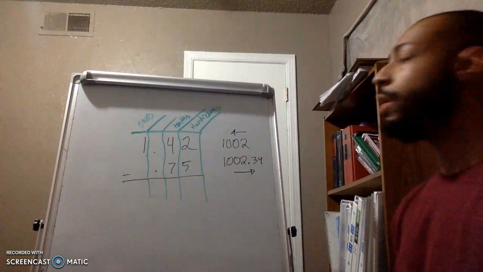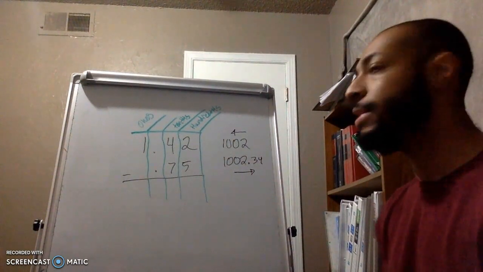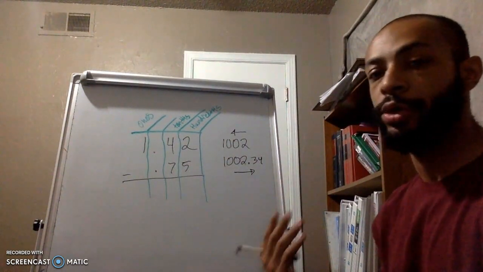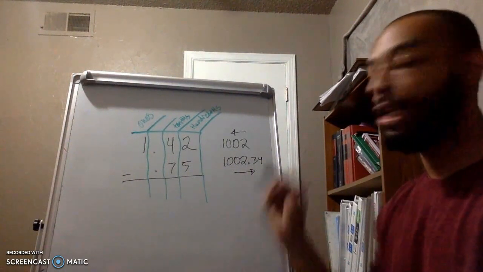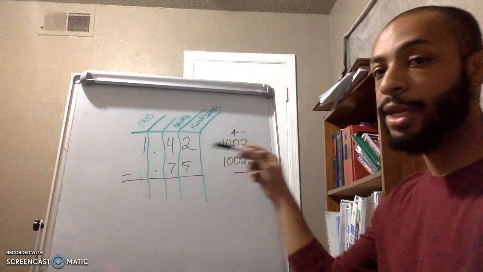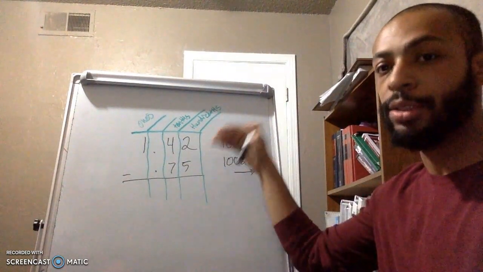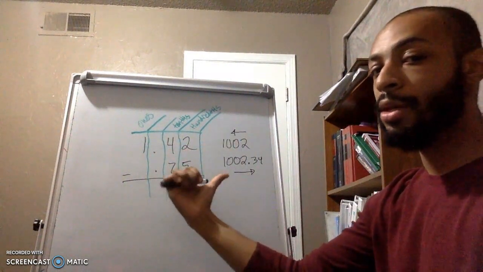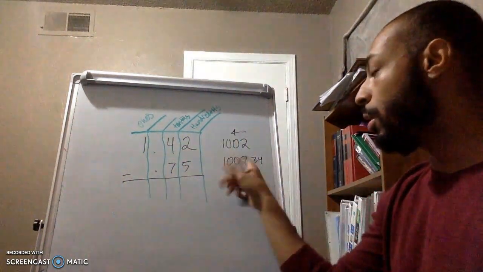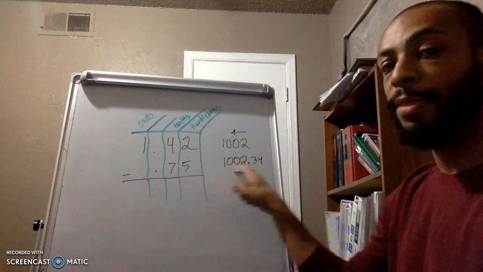Okay, so for subtracting decimals, it is going to be the exact same as if we were just subtracting whole numbers. However, instead of our number getting bigger to the left and growing into 1,000, or from 100 to 1,000 to 10,000, it's going to get smaller and grow the opposite direction.